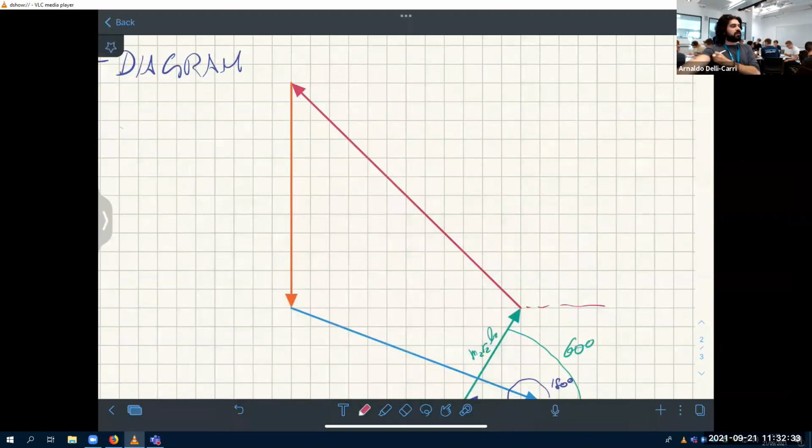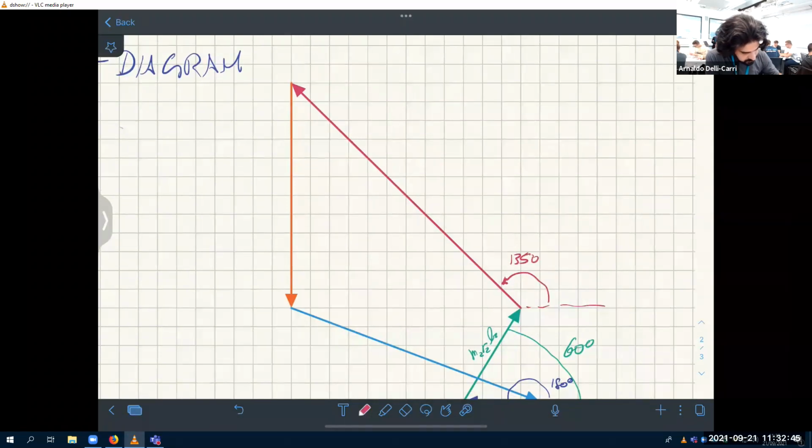So wherever your vector starts from, you draw a horizontal line, and that's the angle you have to take. This angle is 135 degrees. And this is M3, R3, L3.